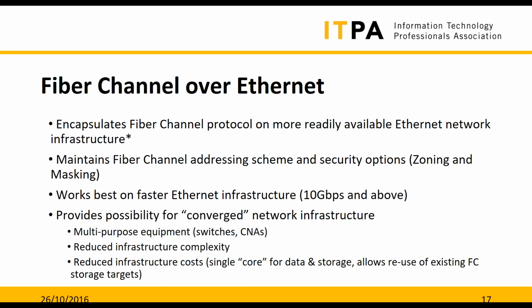It allows for reduced infrastructure complexity. It basically means you can have fewer devices able to service your storage network and data network requirements. And that gives you reduced infrastructure cost because you can have a multi-purpose core switch.